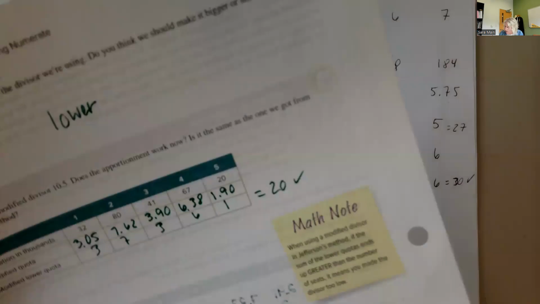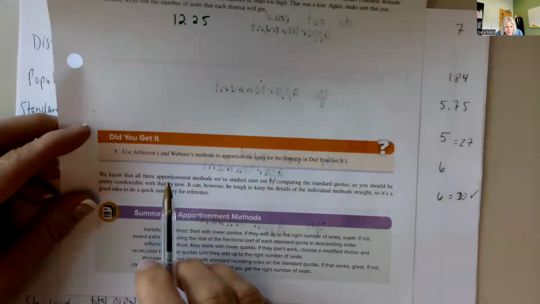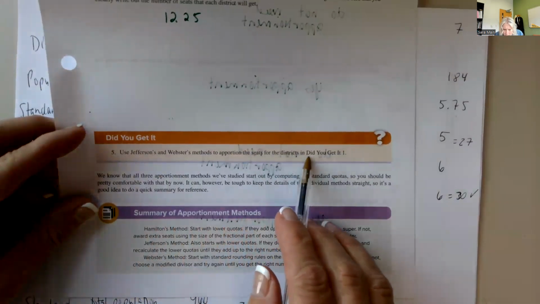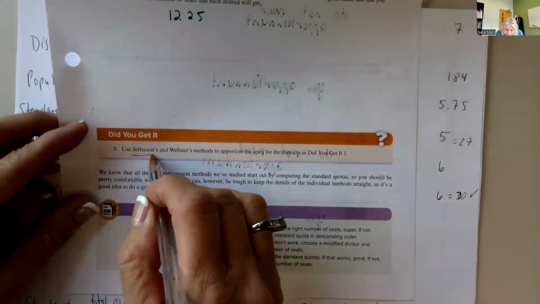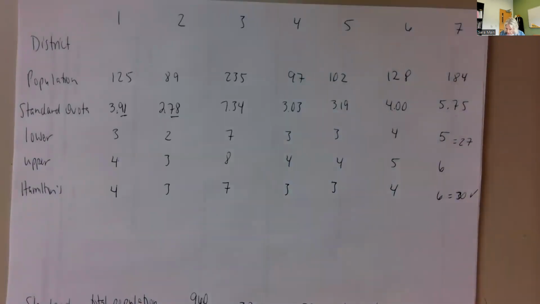The next Did You Get It is on page 115. It says, use Jefferson's and Webster's methods to apportion the seats for the districts in Did You Get It 1. I'm only going to use Jefferson's because I'm only assessing you over Hamilton's and Jefferson's. Jefferson's goes by changing the standard divisor.